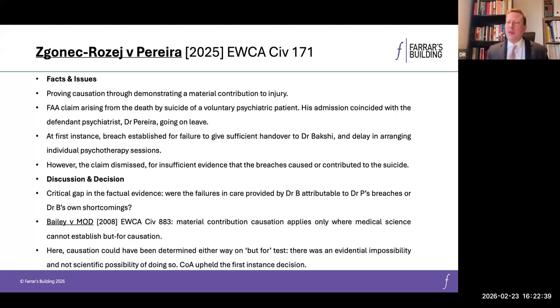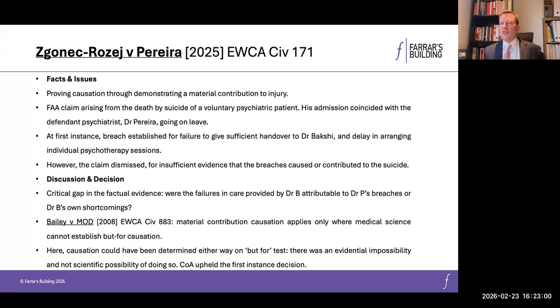And that was critically because, in relation to the findings of fact, there was an evidential gap. There was an absence of evidence as to Dr. Bakshi's clinical decision making. And again, regrettably, that probably resulted from the fact that the claimant had made settlements with other potential defendants, including Dr. Bakshi.